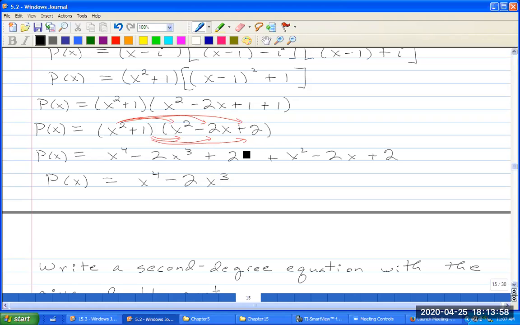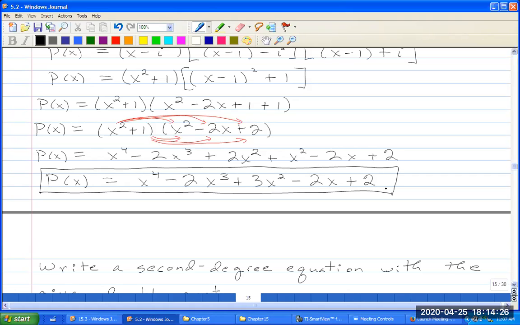Let's combine the 2x squared and the x squared to get 3x squared minus 2x plus 2. And so that is my minimal polynomial, my polynomial of degree 4 with the roots, what was it, i and 1 minus i.